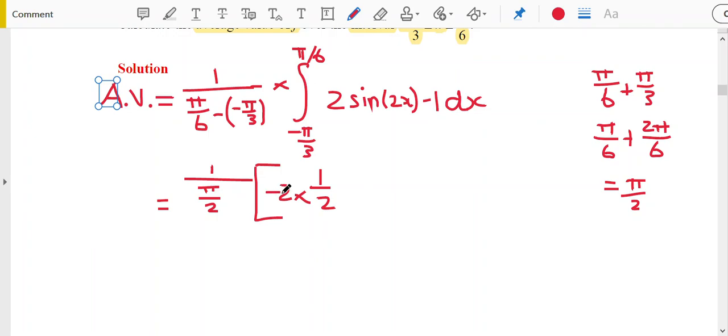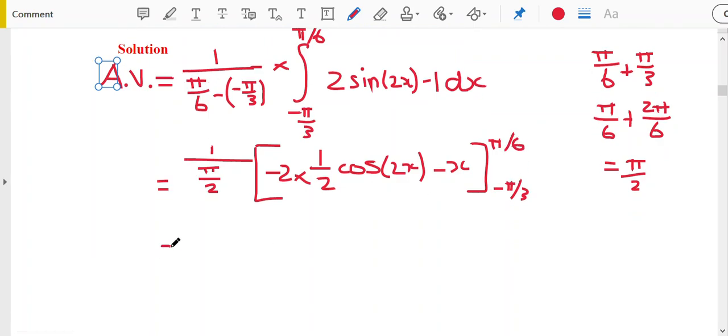Sorry, negative. Let's put a negative there because sine goes to negative cos. And when we integrate minus 1, we get minus x, all between minus pi over 3 and the upper limit is pi over 6. So let's clean this up a bit.